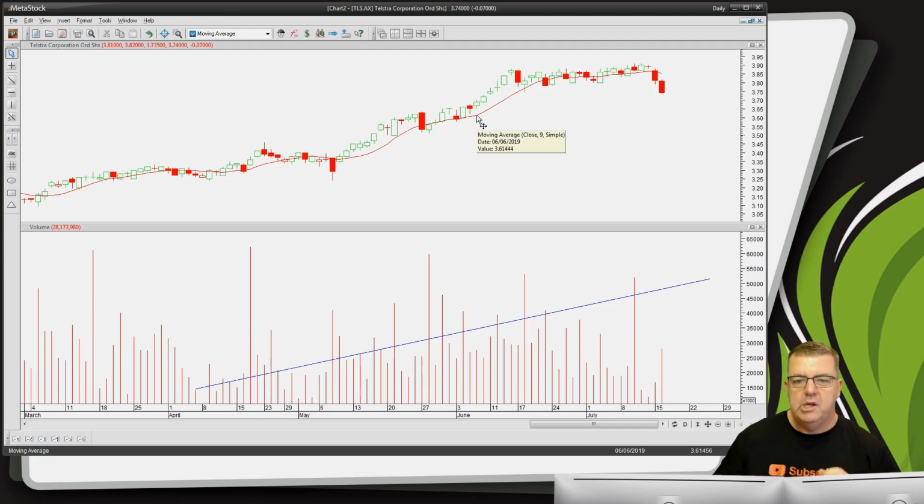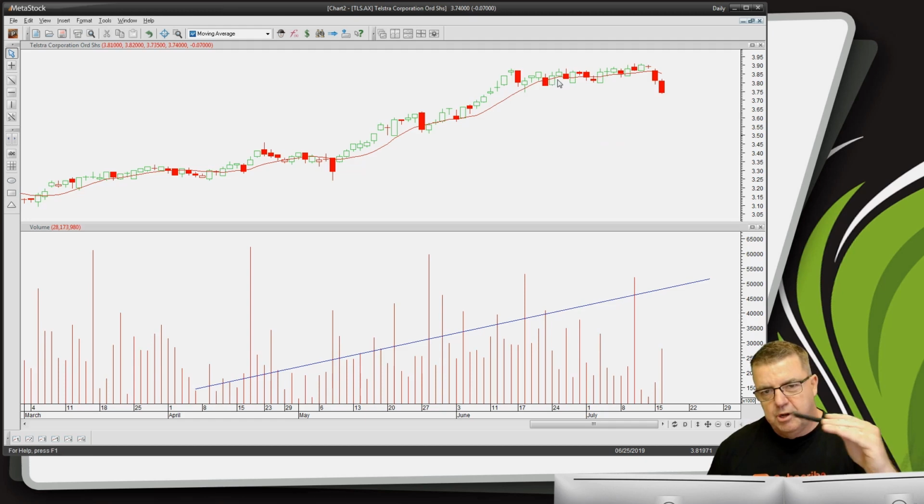This is telling us this is a simple moving average based on the closing price over the last 9 days. Okay? So that dot on this day, based on the last 9 days, the price was here. And as you can see, as the price comes up, so too does the moving average.